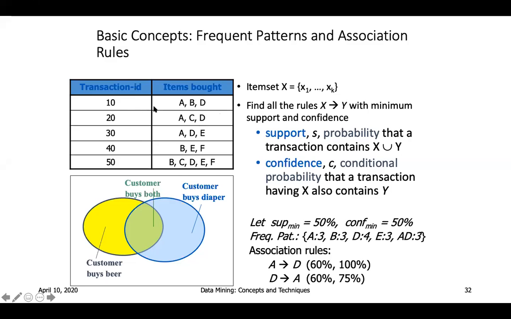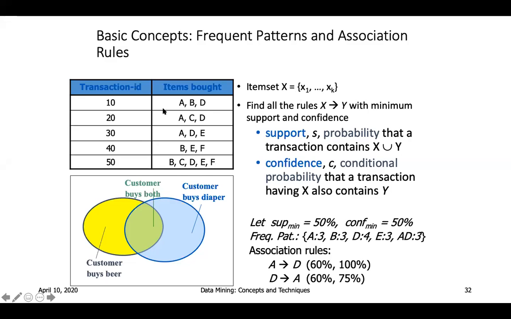In each transaction, there is a frequency of some items. In transaction ID 10, the items are A, B, and D. In transaction ID 20, the items are A, C, D. In 30, you can find E, D, E. In 40, you can find B, E, F. In 50, there are B, C, D, E, F. So the item set X equals X1 to Xk.